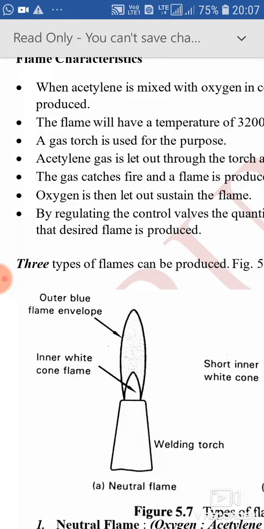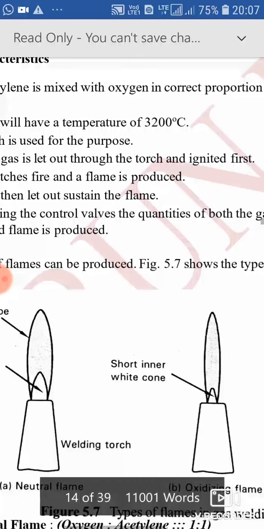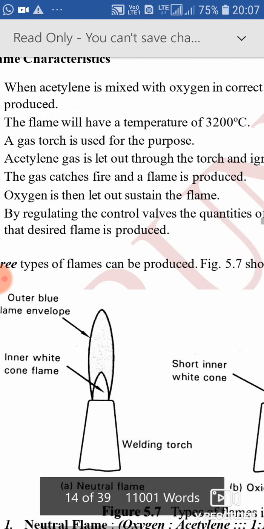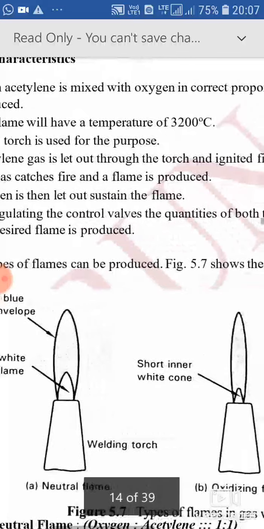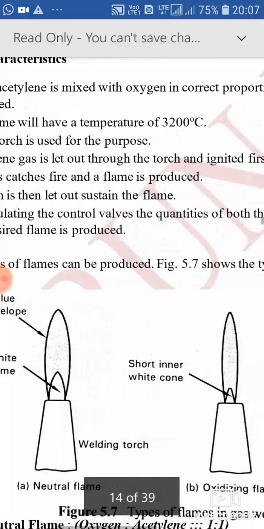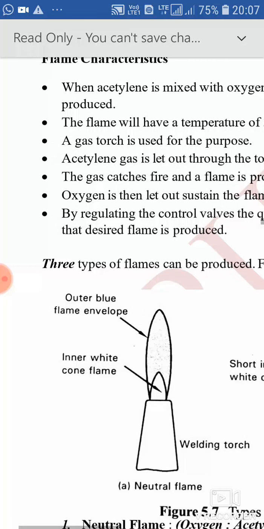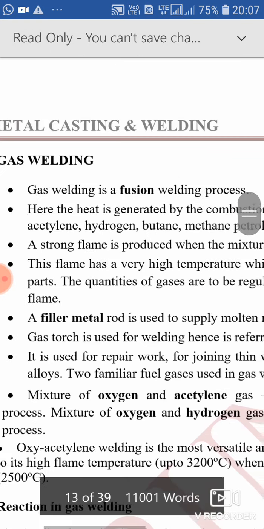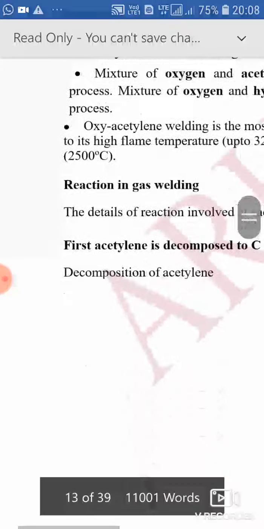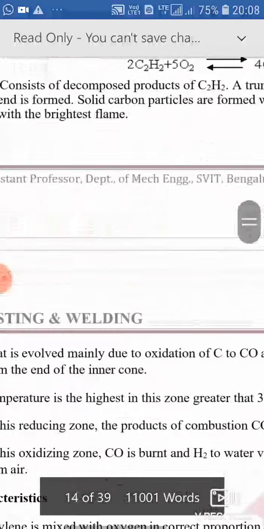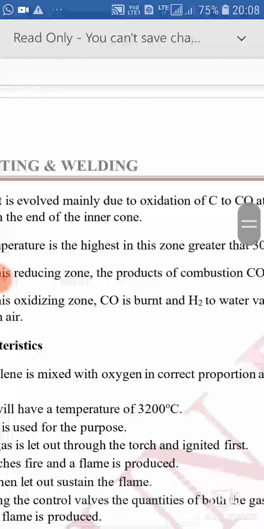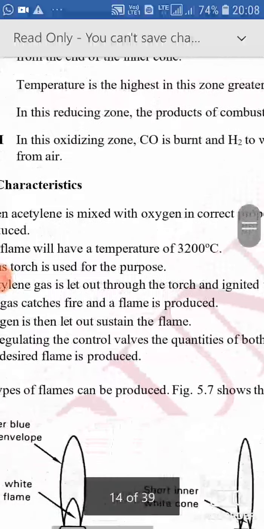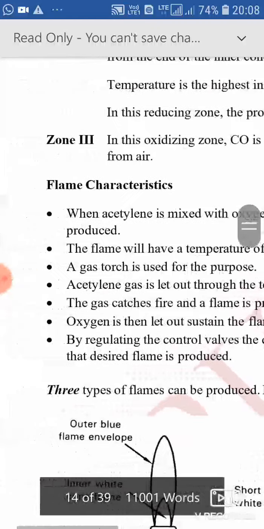Acetylene gas is let out through the torch and ignited first. The gas catches fire and the flame is produced. Oxygen is then let out to sustain the flame.